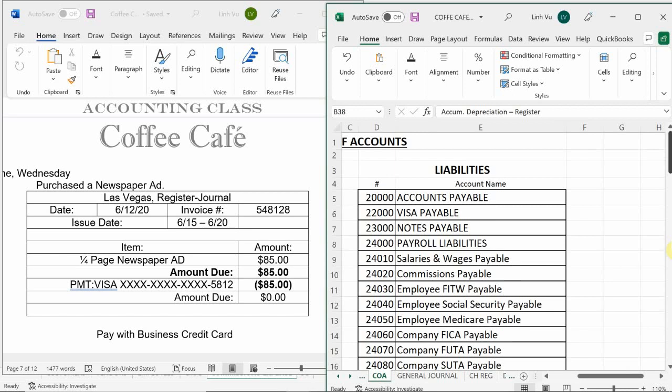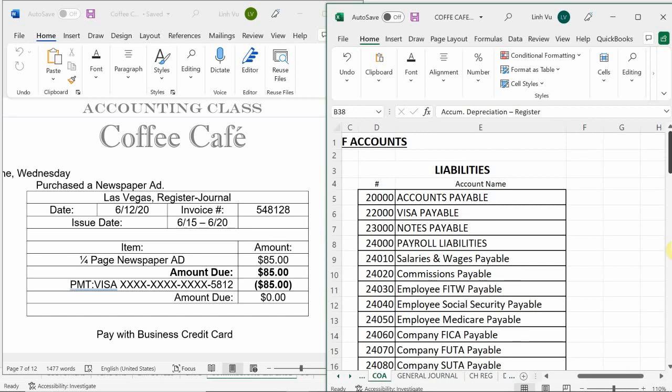Visa payable. Yes, it's a liability, right? Because is that my money? No, it's National Bank's money, and if I use that, I owe National Bank on my Visa credit card. So in this case, I charged my Visa credit card, and this is what I got.